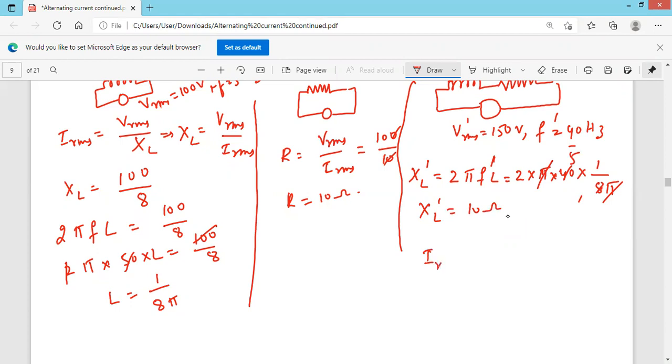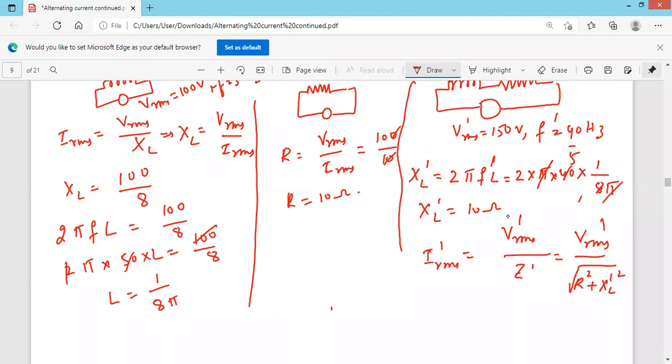So now we can calculate IRMS dash, which is equal to VRMS dash divided by Z dash, where Z dash is the square root of R square plus XL dash square.